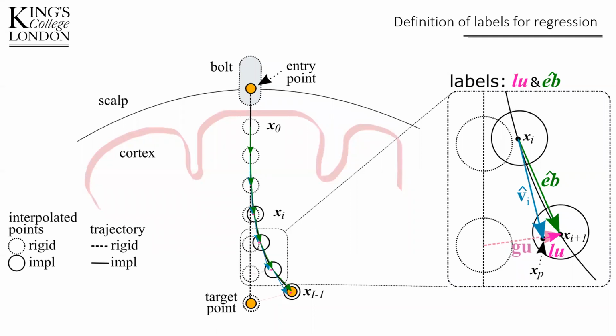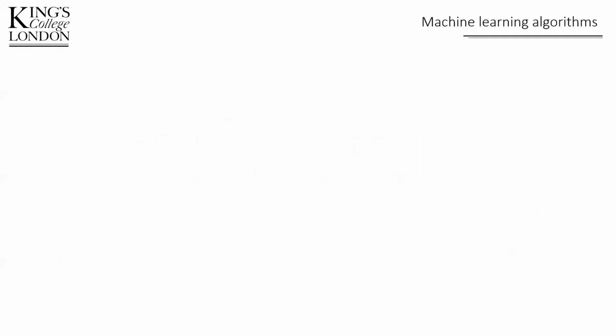If the electrode has no deviation, the next interpolated point will be co-located at XP, and therefore VI and EB will be aligned. We can also represent electrode bending as the local displacement LD from XP to the next interpolated point, being 0 if no bending was observed. And note that LD is much smaller than the unit vector EB.